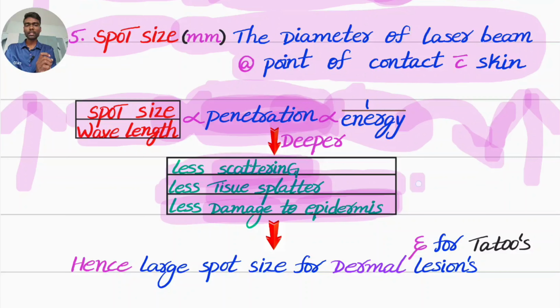So wearing high filtration masks and having smoke evacuators is very important in a laser room. All of this will happen only if we keep high fluence, that is if we deliver high energy per unit area, it will damage more and cause more tissue splatter, which is potentially hazardous.